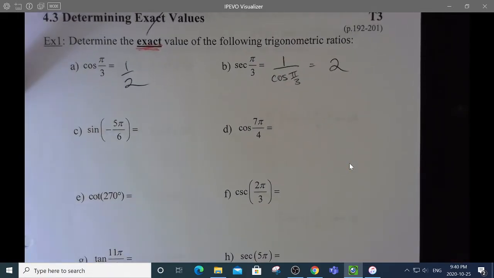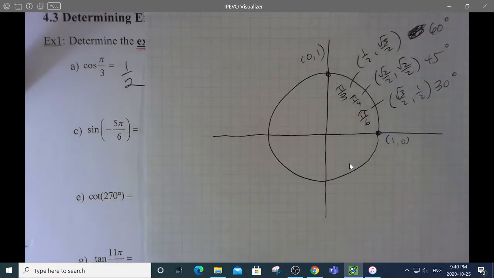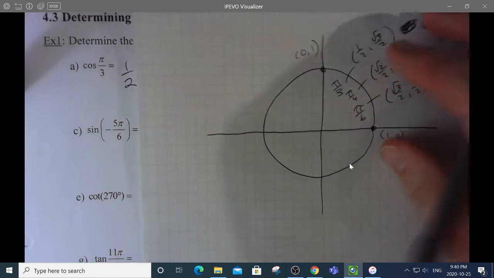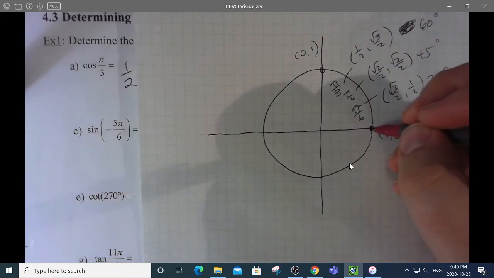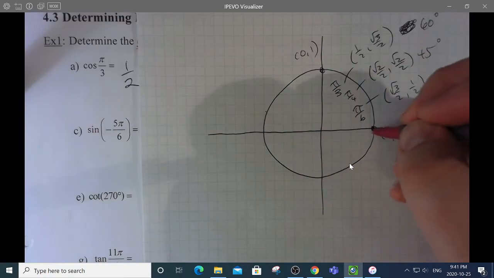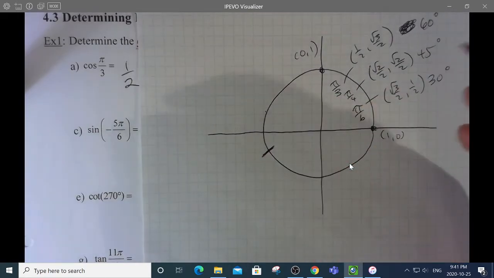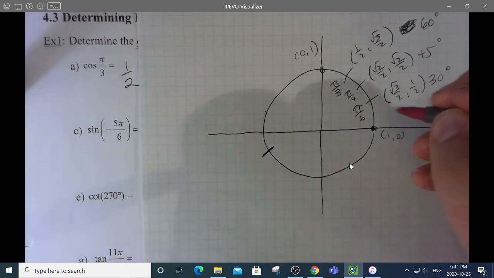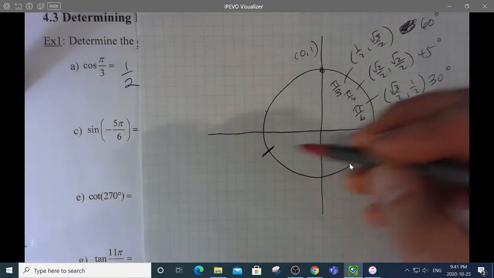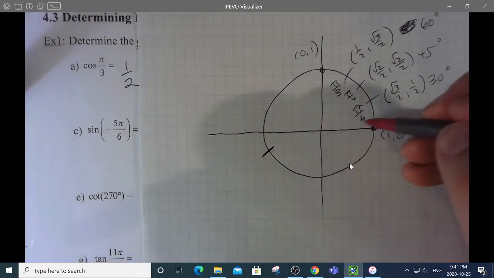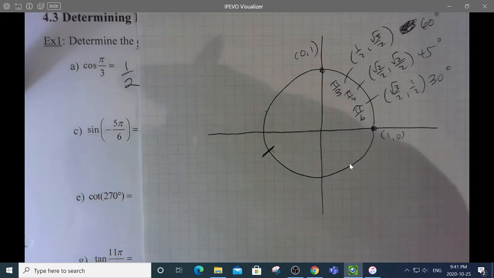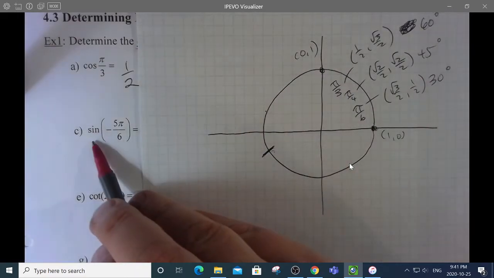All right, sine of negative 5 pi by 6. So again, I'm going to go to my template here. And I'm going to start thinking backwards. So 5 pi by 6 would normally be over here, but I'm going backwards, so it's down here. That spot there, I don't even really care what that is. It is actually 7 pi by 6 if I'm going that way, but I don't really care about that. All I really care about is what's its sine value.